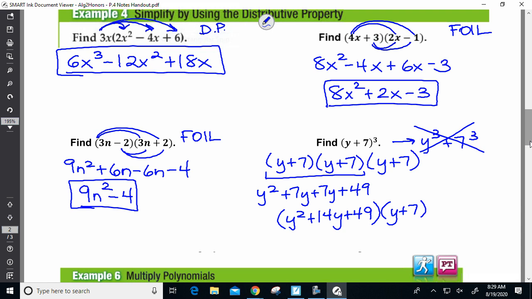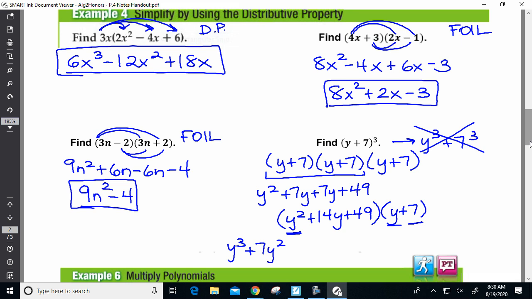Now, I put it back in parentheses because I now have to take this answer and multiply it times the third part. So that's the reason why I put this back in parentheses, because we're multiplying it times y plus 7. So, y squared times y is y to the third. Y squared times 7 is 7y squared.